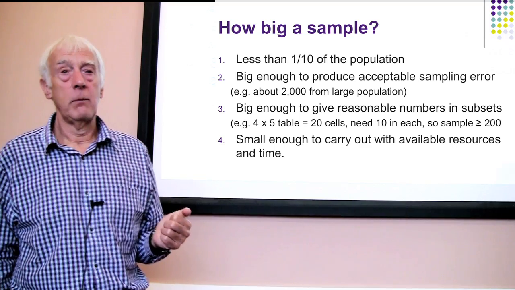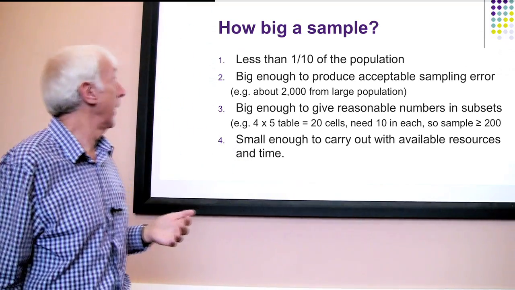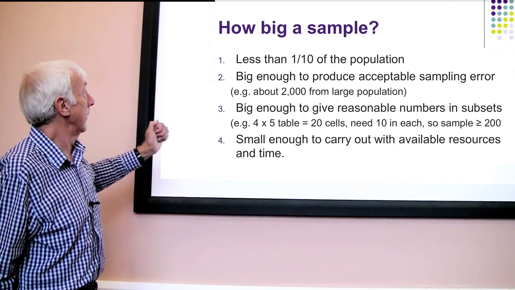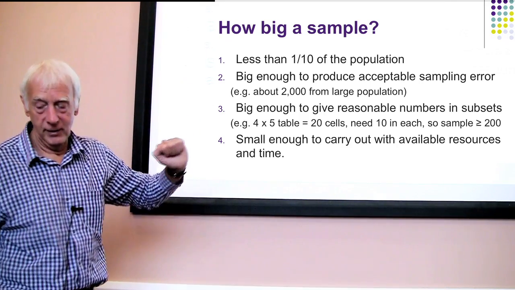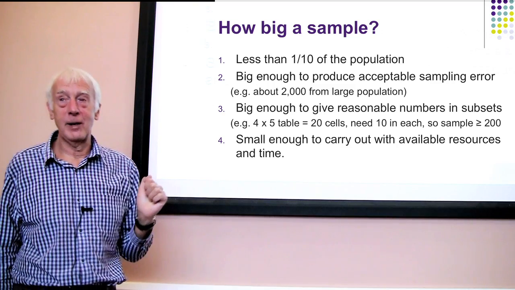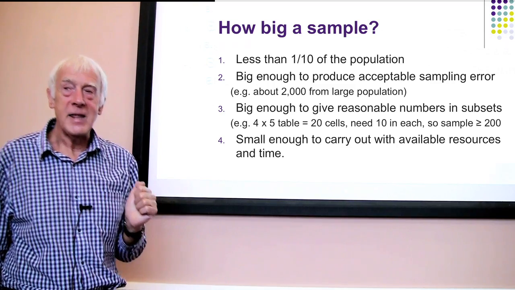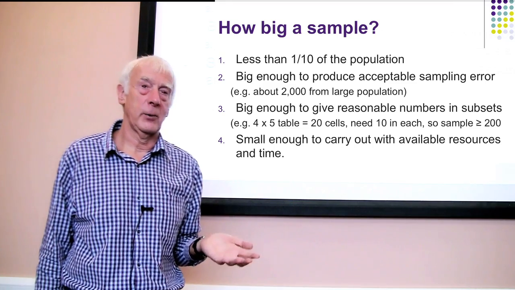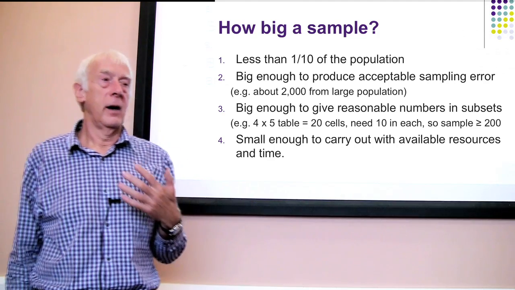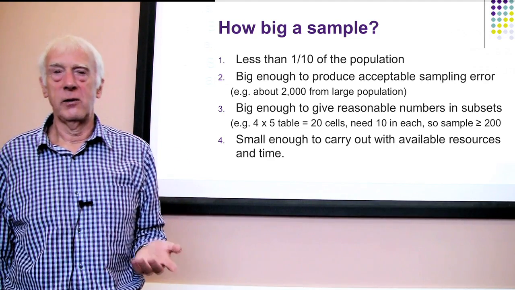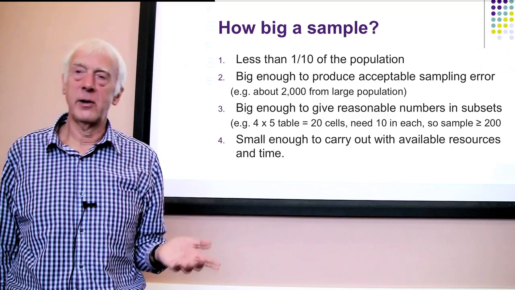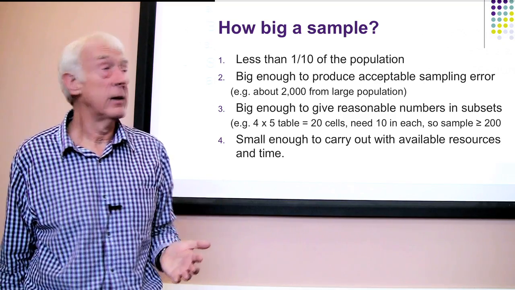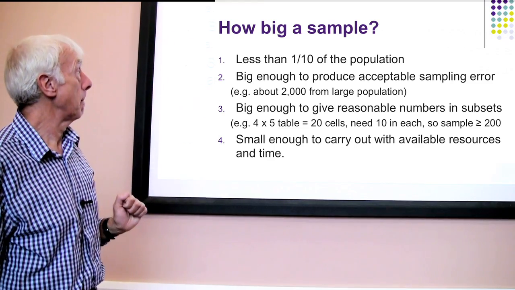So there's often a compromise, and that's number 4 I've gone on to now: small enough to carry out with your valuable resources, and that's often, in the end, what it comes down to in student projects. If you're doing an undergraduate dissertation, then normally 100, 200 is acceptable. It's not perfect. It does compromise things.